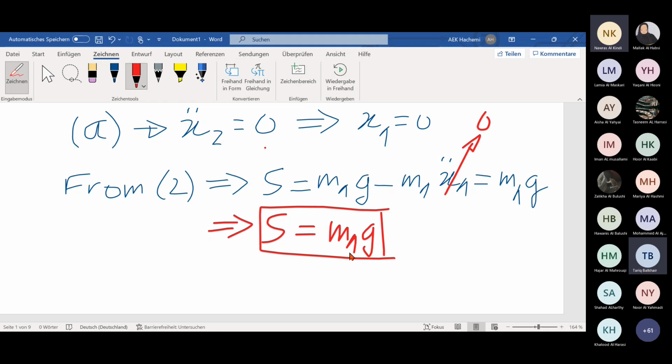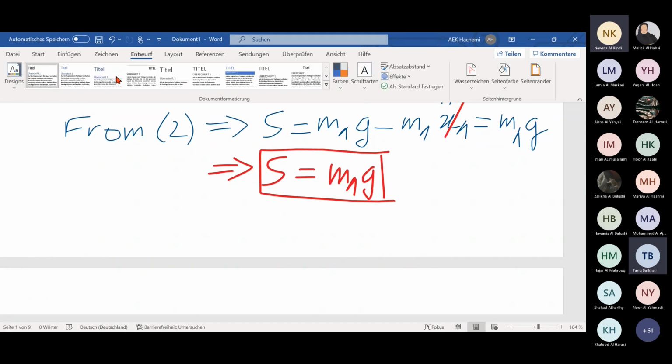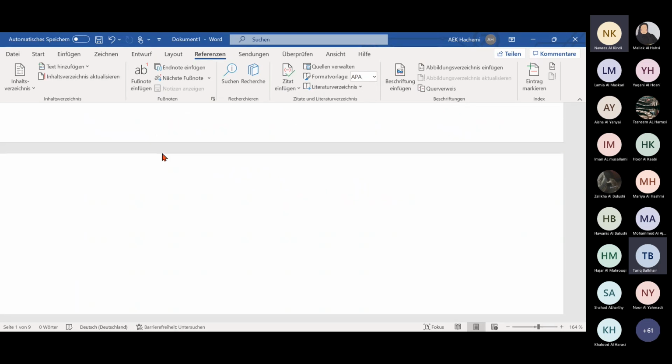Now, if we take the second case, here B, now we have here x dot dot 2 is different from 0.